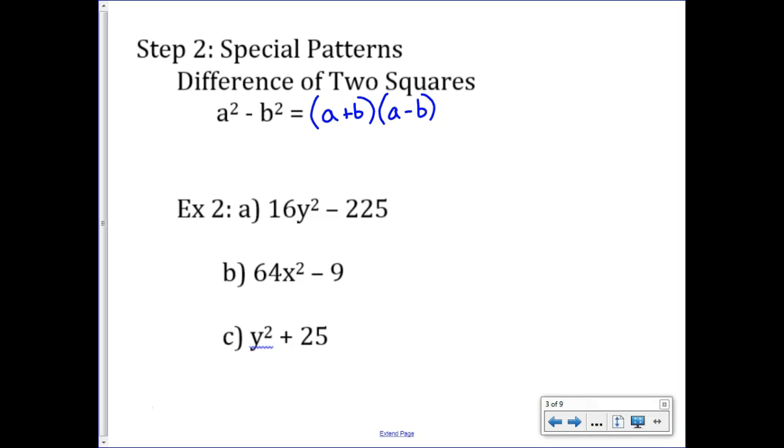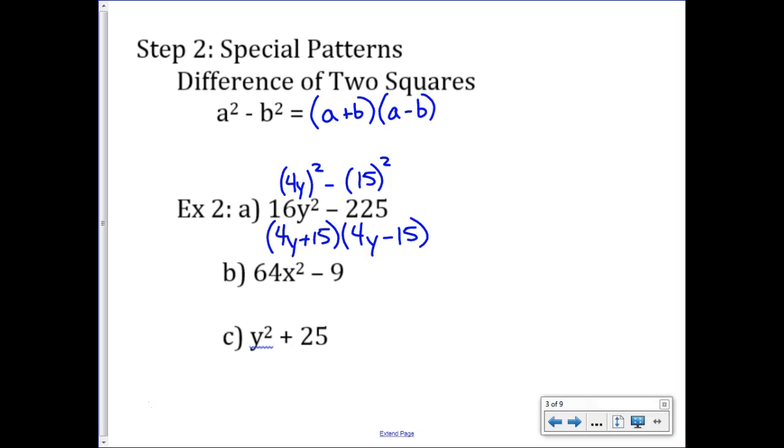So in this case, 16y squared is 4y squared minus 225. Take the square root of that, and we get 15 squared. So when we write this, we would write 4y plus 15 and 4y minus 15.